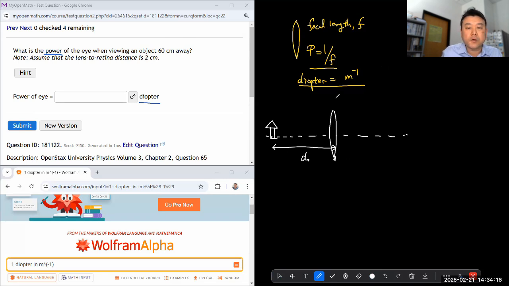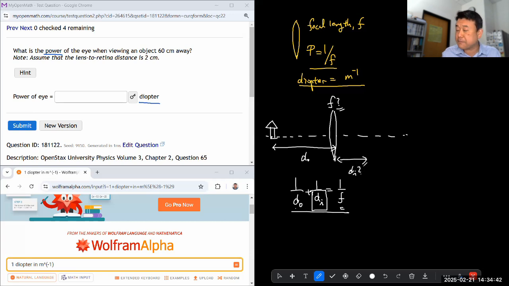So I'm looking for focal length. I remember the thin lens equation, 1 over dO plus 1 over di is equal to 1 over f. And staring at this for a while, I realize, I'm looking for this, I know this, so I somehow need di. So where's my image distance?